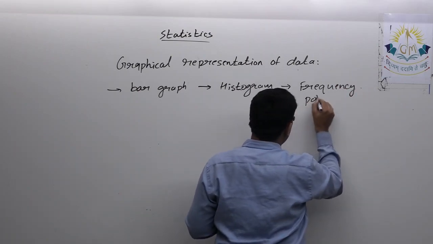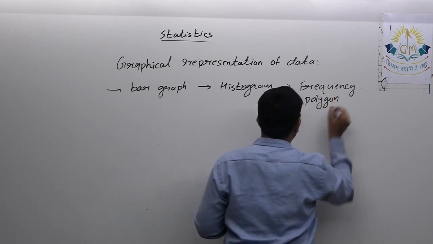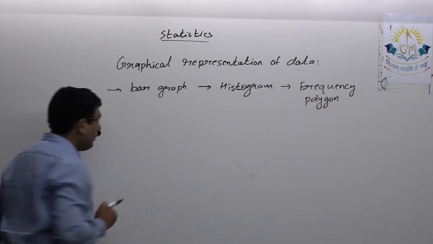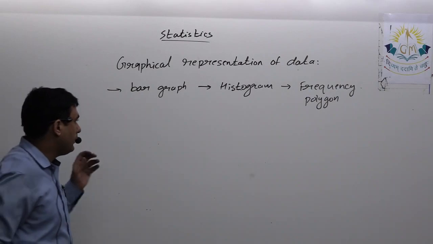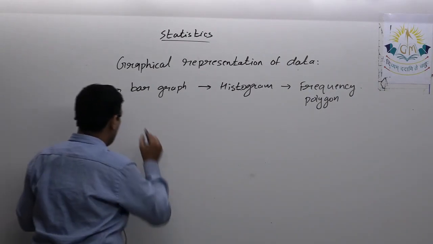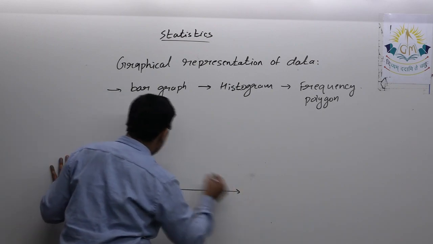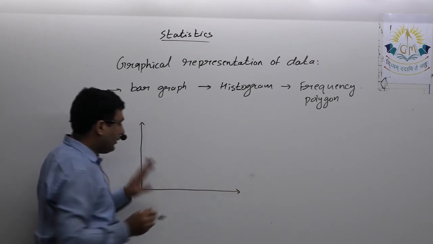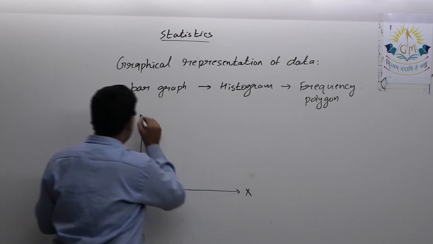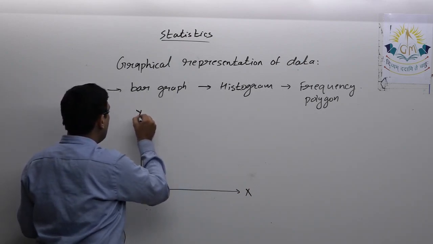We'll see in short what is bar graph, what is histogram, and what is frequency polygon. Suppose you have to represent any data on the bar graph. Generally we take data on the x-axis and the frequency of the data on the y-axis.